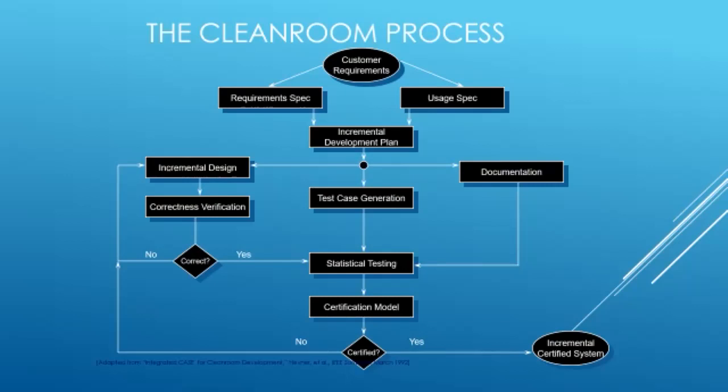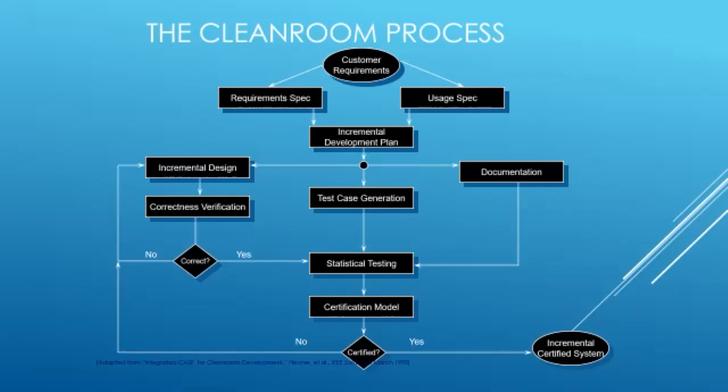In the design process, correctness and verification. For that purpose, we are using decision blocks. If correctness and verification are carried out, yes, no conditions are checked. If yes, then go to the statistical testing. If no, then again go to the first step and the process is carried out from first to last. That means incremental design.